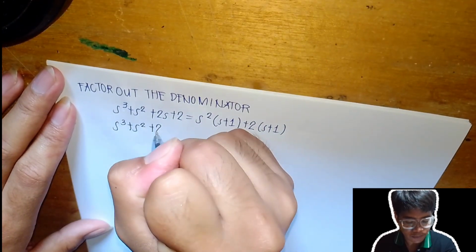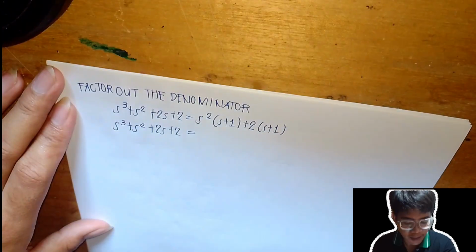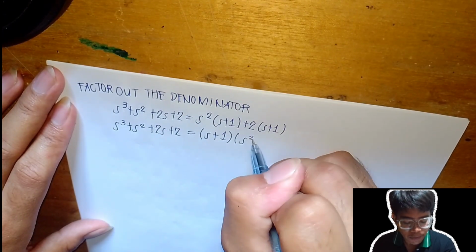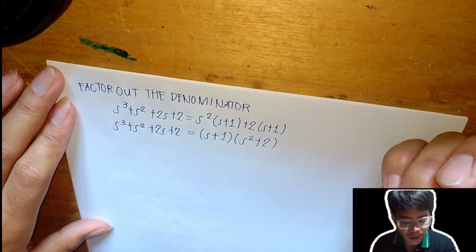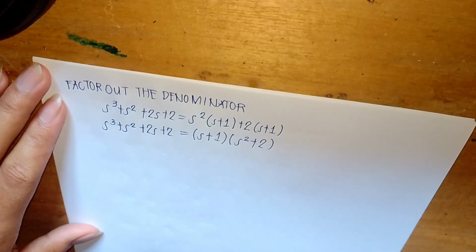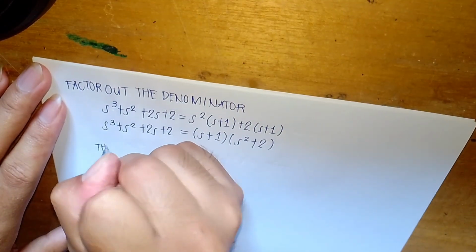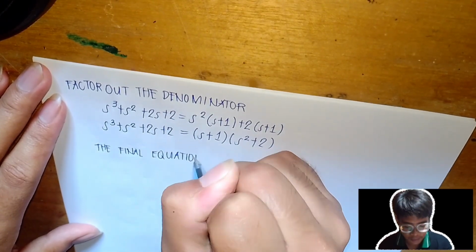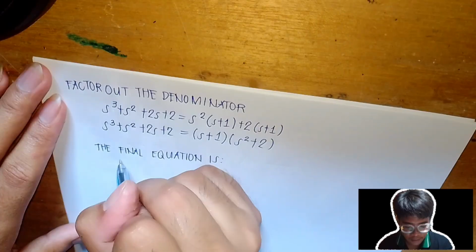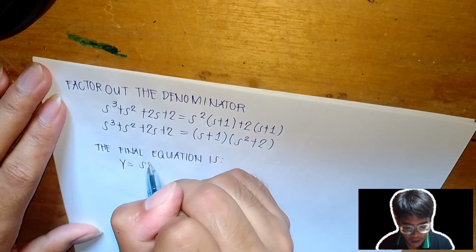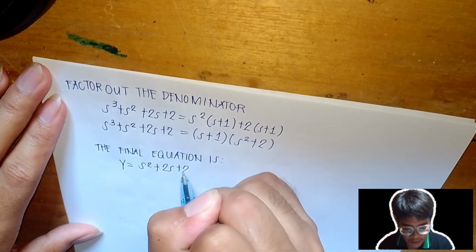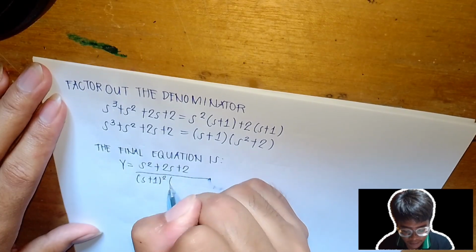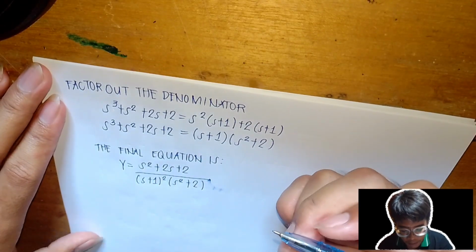So s cubed plus s squared plus 2s plus 2 is equal to s plus 1 times s squared plus 2. The final equation is Y is equal to s squared plus 2s plus 2 all over s plus 1 squared times s squared plus 2.